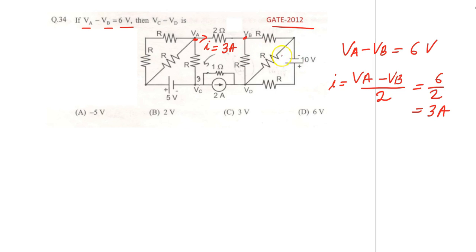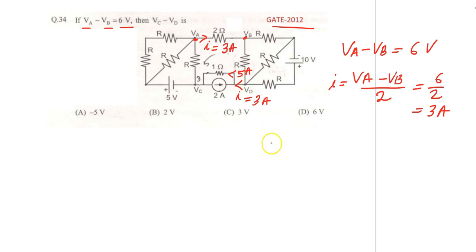So whatever the circuit this side, we least bother about, because once current goes through this branch, it has to return, right? Here is also I equal to 3 ampere, same current, and here 2 ampere current, here 3 ampere current is coming. So how much current is flowing through the 1 ohm resistor? 5 ampere.